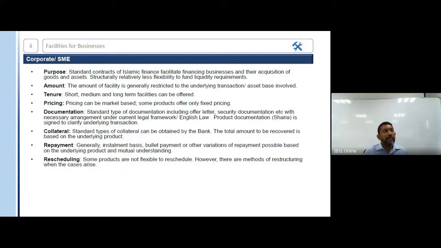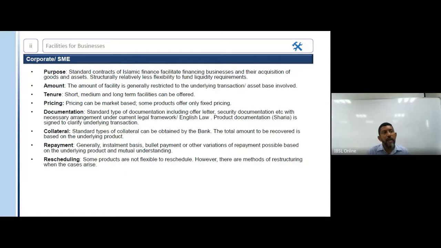Good. So we have now broadly introduced Islamic banking, covered the broader framework of Islamic banking, and then we have also looked at the key principles related to Islamic banking. So that is our introduction before we go into details of different types of facilities offered by Islamic banks.